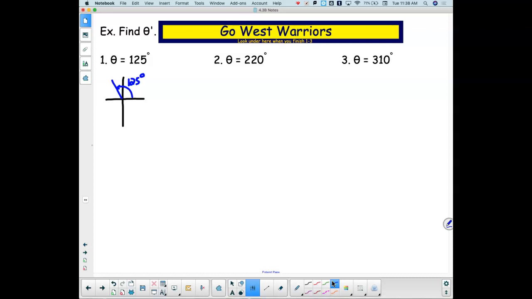Reference angles come off of the horizontal, so I need to find this angle in here. So my reference angle is going to be 180 degrees minus 125 degrees. So I get a reference angle here of 55 degrees.